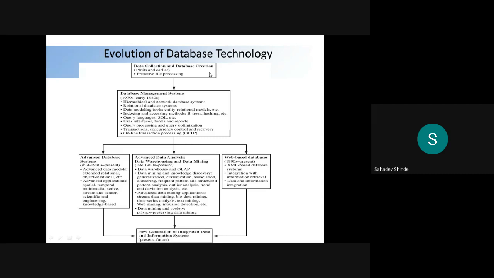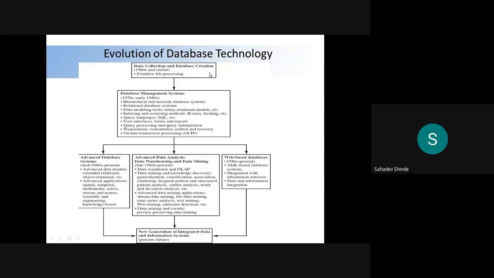This DBMS is divided into three points. One is the advanced database system. The next one is advanced data analysis, which includes data warehousing and data mining. And the third one is web-based databases.